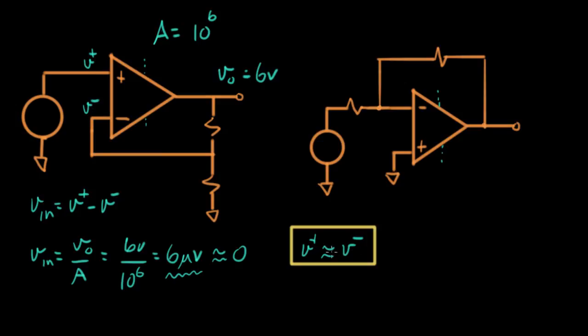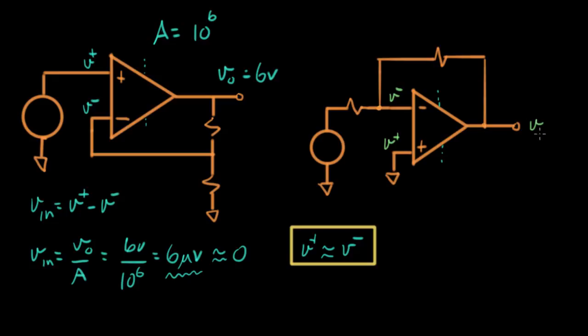So let's take this idea, V plus pretty much equals V minus, and apply it to this circuit over here. Now this is our inverting configuration for an op-amp. So this is V plus and this is V minus in this circuit. And let's do the same analysis that we did before.